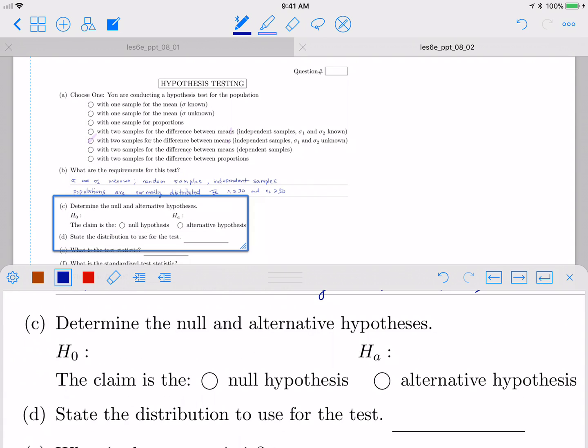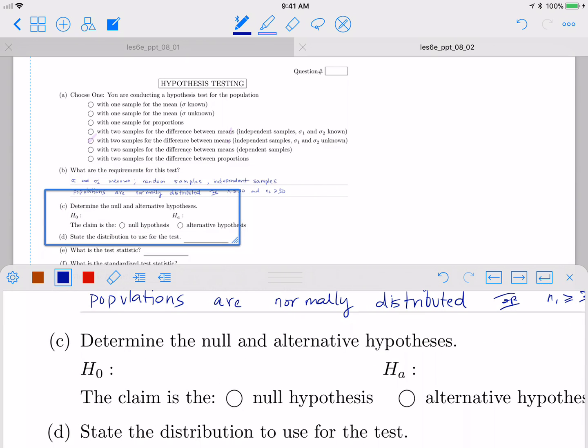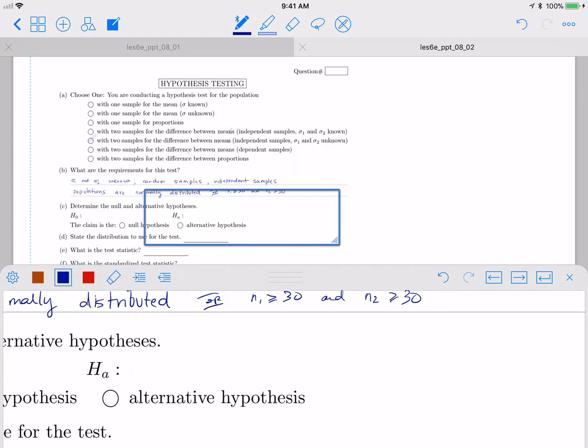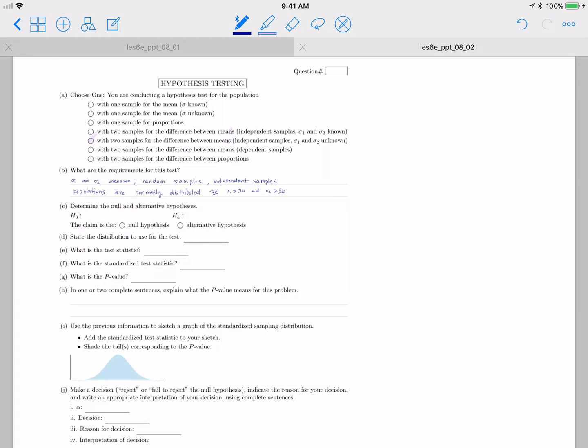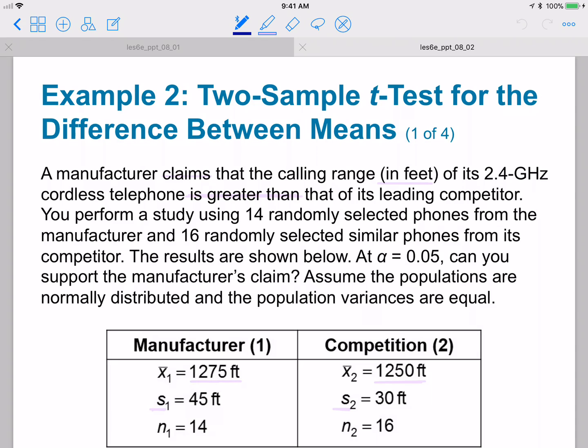All right. So to determine the null and alternative hypotheses, what we're going to do is go back to the statement of the problem. And the claim is that the manufacturer's calling range is greater than the competition's calling range.